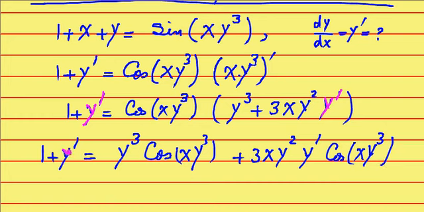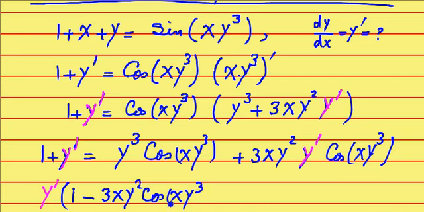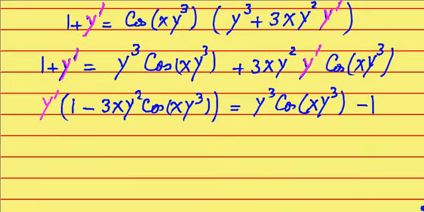Just change the color of what we are trying to find so it's not buried under all the clutter. So I'm going to bring my y prime to this side. Y prime, I factor y prime, factor this one, bring it to the left, 3xy squared cosine of xy cubed. The right hand side is y cubed cosine of xy cubed minus 1.